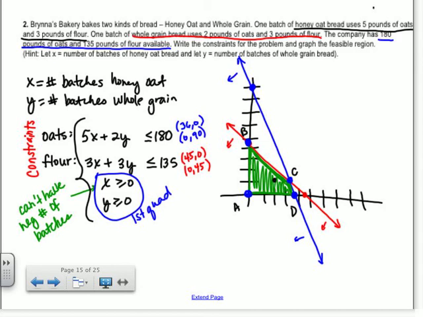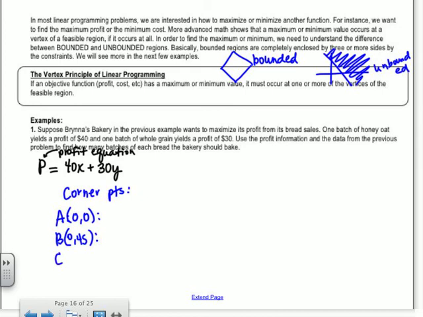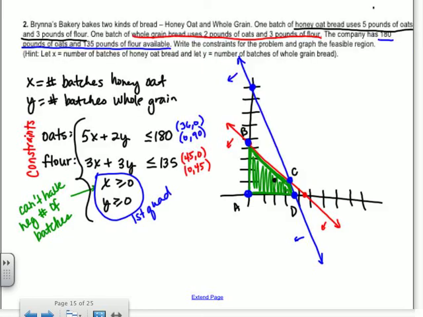It was right here, on our red line. It was the y-intercept on that line. So it's 0, 45. C, we don't know, so we're going to have to find that. And then D, remember that was on the blue line and that was the x-intercept, so it was 36, 0.